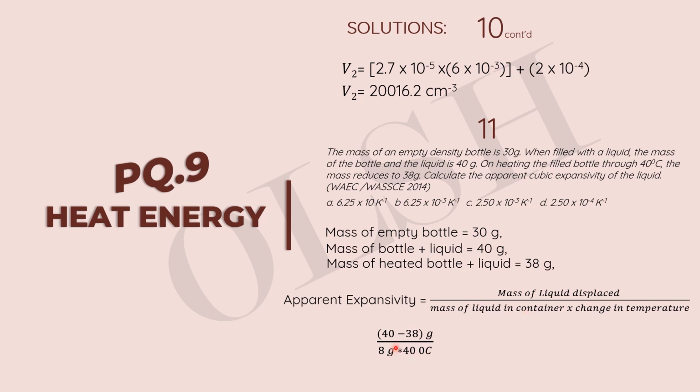This 8 grams comes from the mass of the heated bottle plus liquid, 38, minus the mass of the empty bottle, 30 grams, which leaves the liquid, 8 grams, times the change in temperature. If we simplify this, we have 2 grams divided by 8 times 40 degrees Celsius, which gives us 6.25 times 10 raised to the power minus 3 per Kelvin.